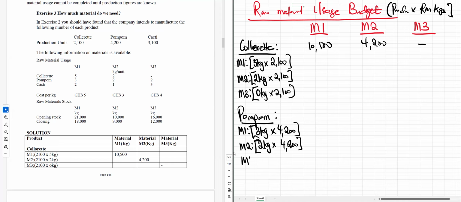Then what about material 3? Material 3 is 2 kg. I hope you all know where we are picking the figures from. Yes, sir. I'm only hearing the same voices, so the rest, you are not saying anything.